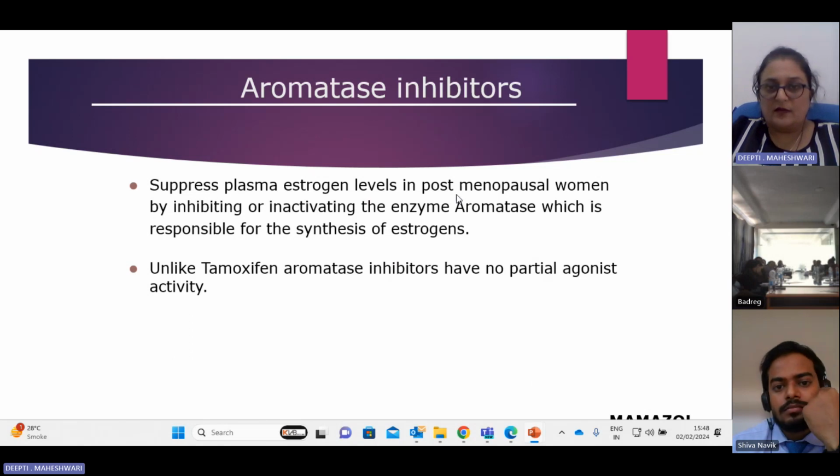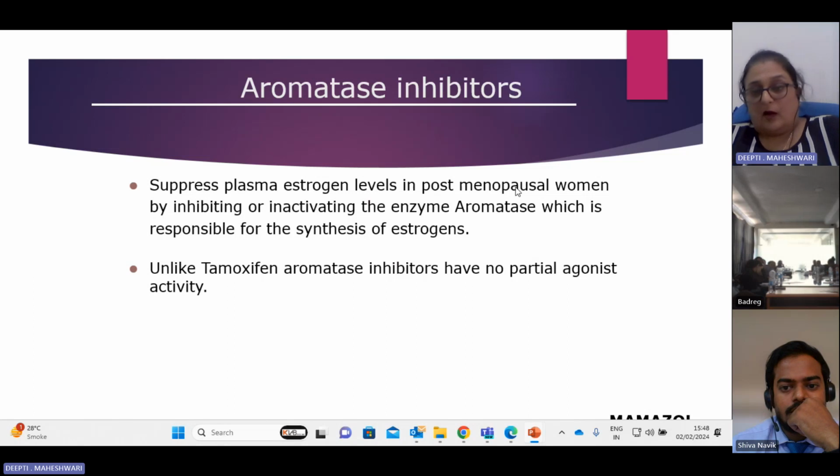In postmenopausal women, though menopause has come, estrogen levels are still seen. Actually, after menopause, females should not be having free estrogen, right?